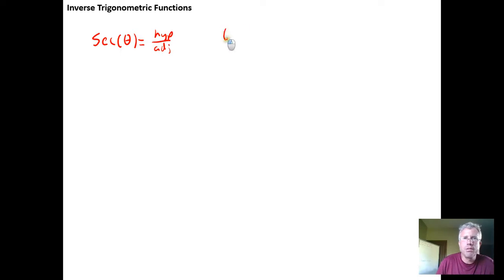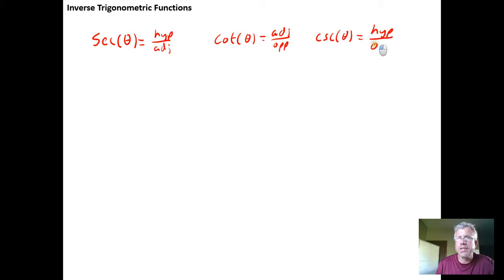We defined the cotangent function. Feed it an angle, it gives you the reciprocal of the tangent function, so instead of opposite over adjacent, it is adjacent over opposite. And we defined the cosecant function, which was the reciprocal of the sine function, so it's just the hypotenuse over the side opposite of theta.